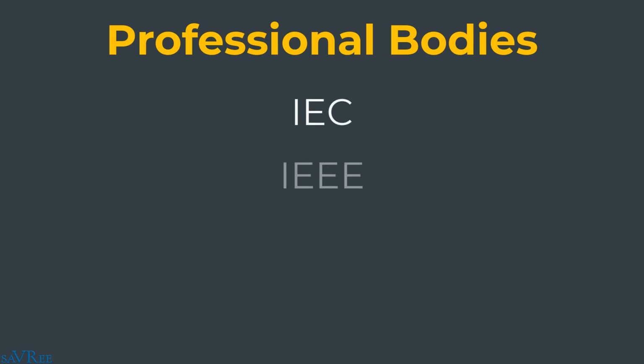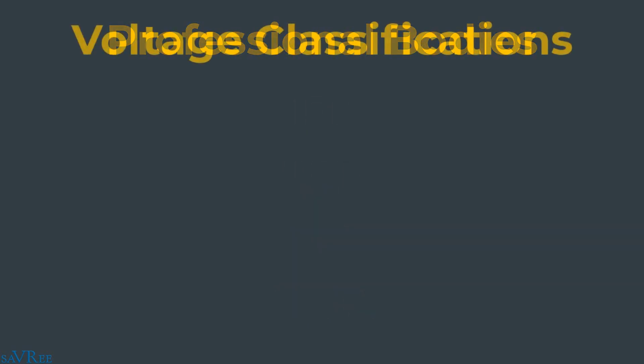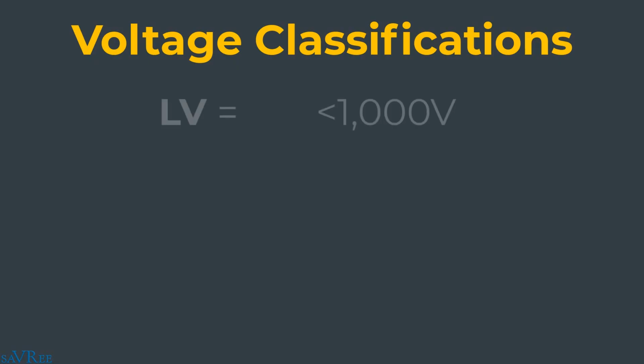IEC, IEEE, ISO, NFPA, all of these organizations issue guidance notes concerning what exactly low voltage, medium voltage and high voltage systems are, what pieces of equipment they may contain, how to maintain those systems, etc. As a general rule, if you're looking for some quick guidance concerning what LV, MV and HV systems are, low voltage is typically anything less than 1000 volts.